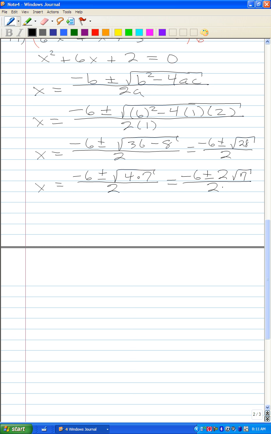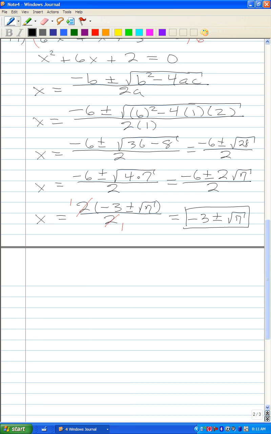I can factor a 2 out of the numerator, and so I get 2 times negative 3 plus or minus rad 7 over 2. Now that I've written this as a product, I can cancel the factors. And so I get x is equal to negative 3 plus or minus rad 7. And that is your answer.